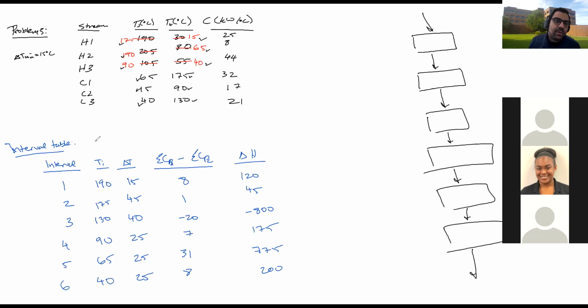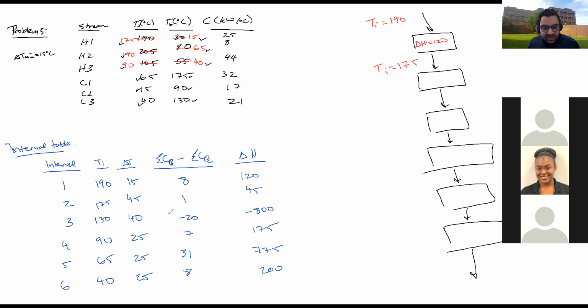Now let's populate the cascade diagram with the information from the table. On the left-hand side, I'm going to write my temperatures, 190, and inside the box, I'm going to write my delta H. Delta H is equal to 120.